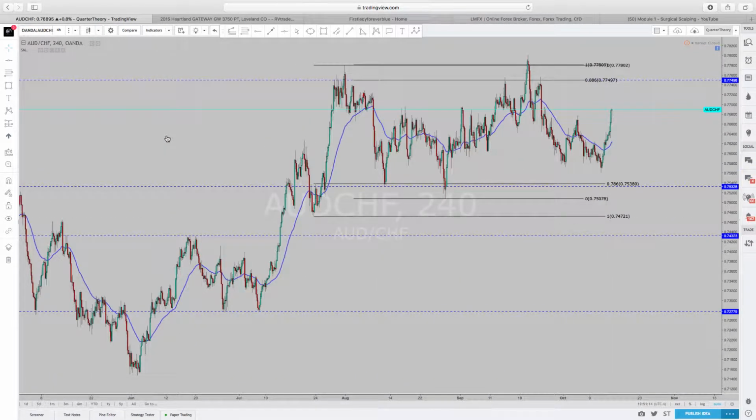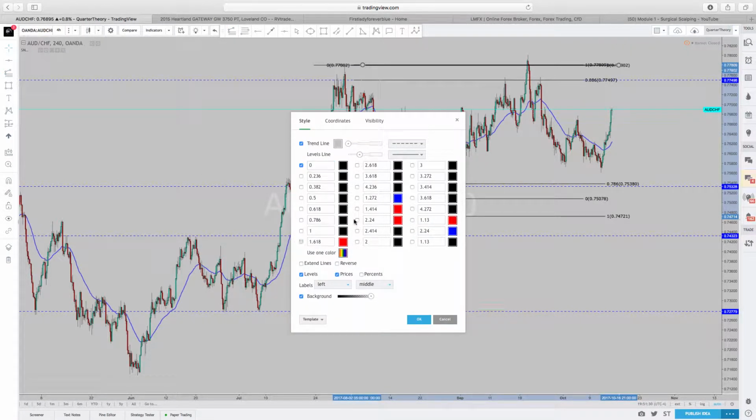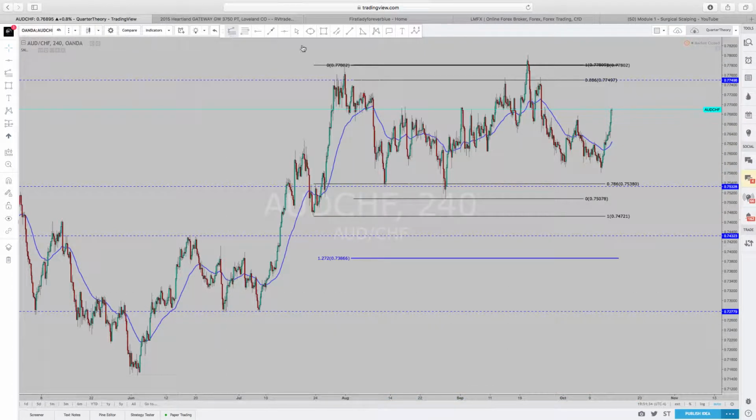So a butterfly is a 786, then a 127 XA extension. X, A, 127, right? And then you want to find a level of confluence, ABCD.